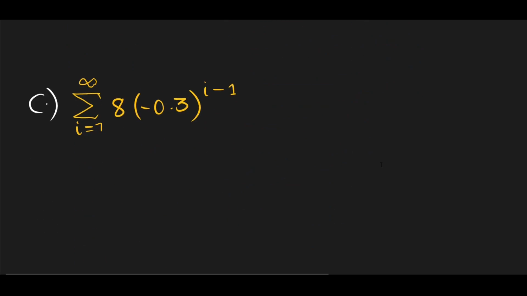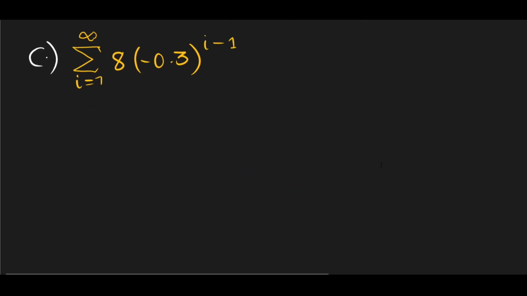Now let's go to the third one. This is in summation notation. Now this right here is the general term of our geometric sequence, right? If we recall the formula for that, An is equal to A1 multiplied by R raised to n-1.